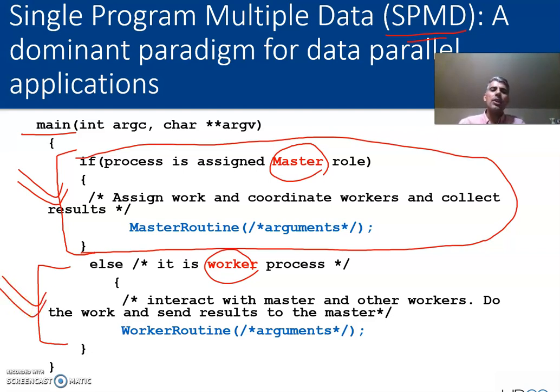What is separating them is just one if command. So you determine using if which part of the program is the master part, or the coordinator, you can call it, and which part is the worker part. This is the bottom part, and you basically discriminate that using else.